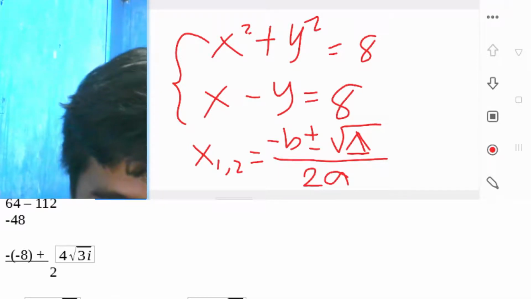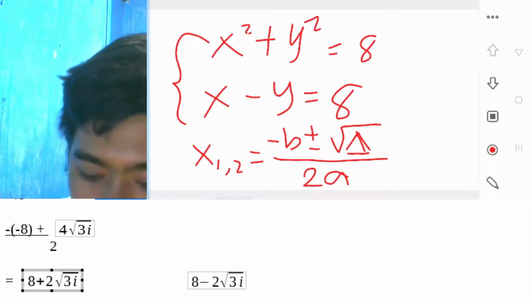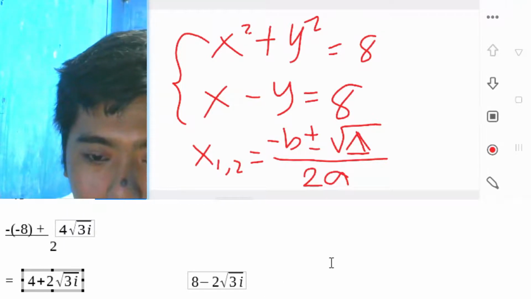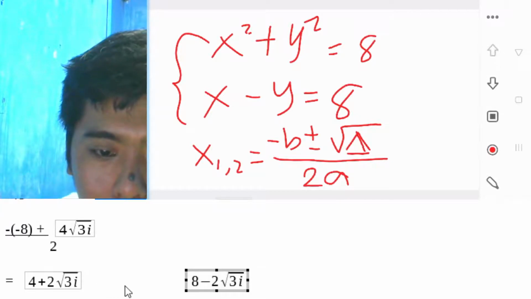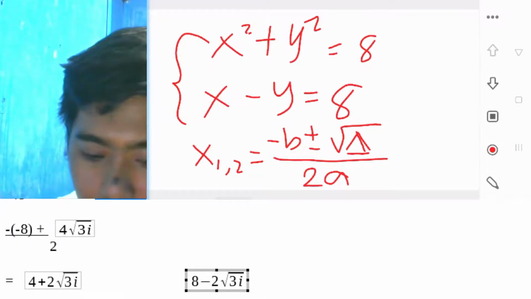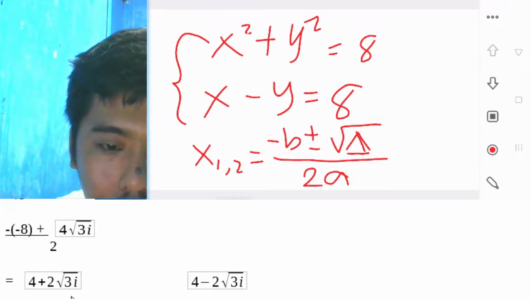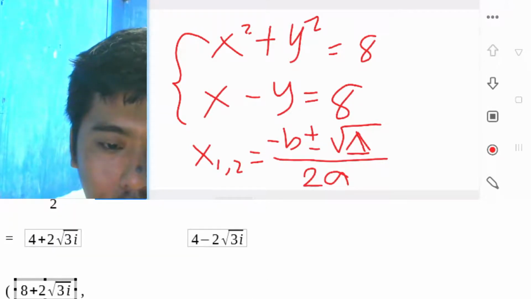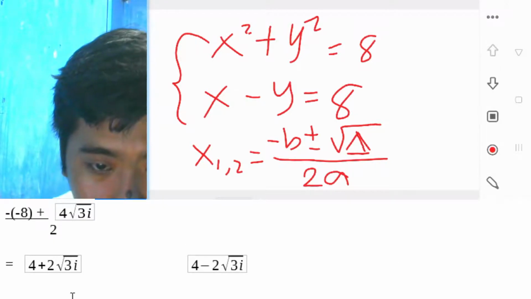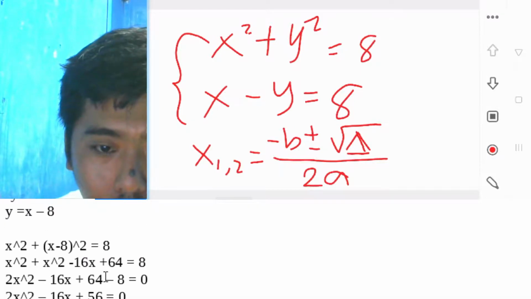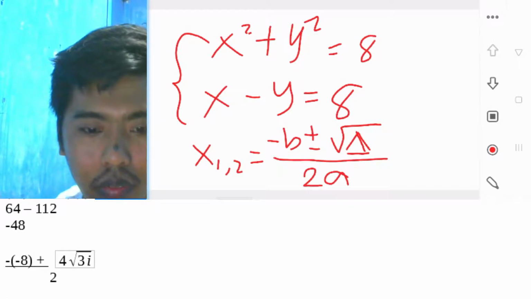Ano, 8 pa man eh. This should be 4 na. Kaya i-divide mo na. Okay. 8 divide 2 is 4 na. Kini ang x, tapos ang y, kini. Okay.